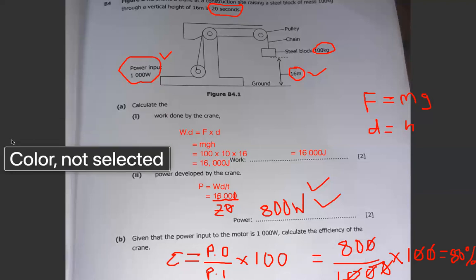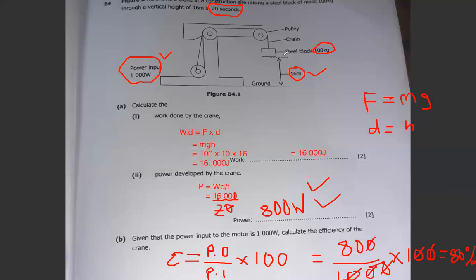One: when this machine is doing the work, there is a wheel here, and then there is a rope, so we expect some form of friction around here. Secondly, we also expect some sound coming out from that. So there's the friction, there's also sound, as well as any other external factors that could have contributed. That's the reason why this machine was not 100% efficient.